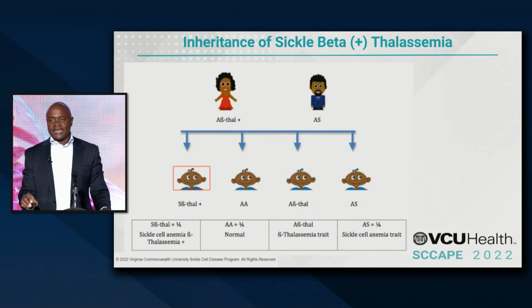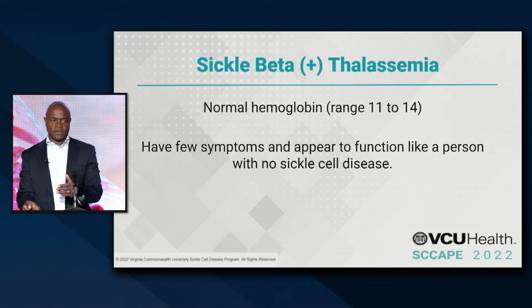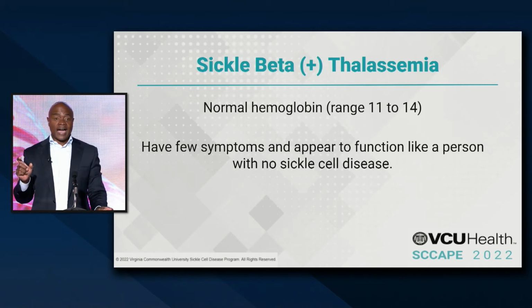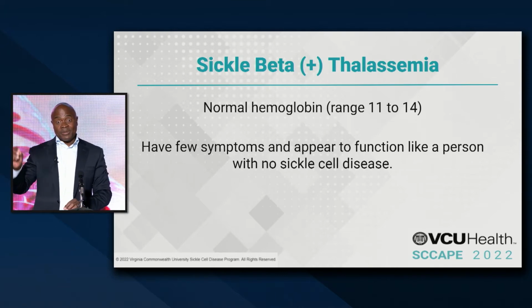With sickle beta plus thalassemia, it tends to be a variant of sickle cell disease that is milder than the classic one, SS. And so many patients will have either a completely normal hemoglobin or a slight anemia, and they tend to not have a lot of the manifestations of hemoglobin SS.